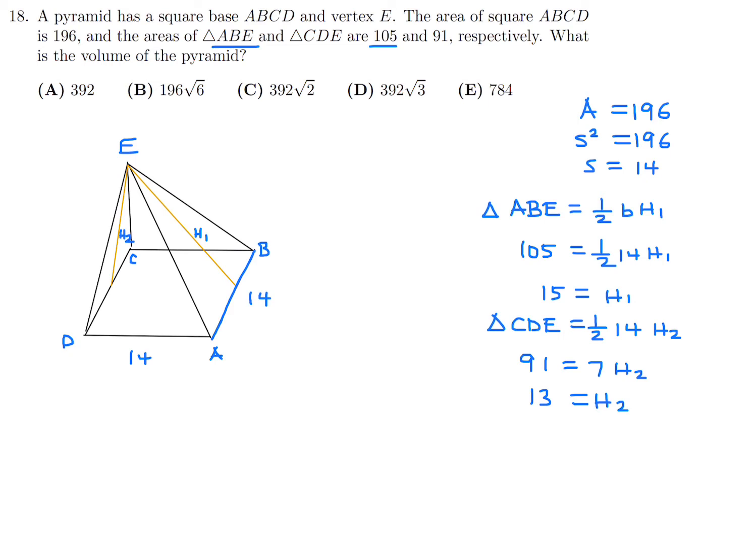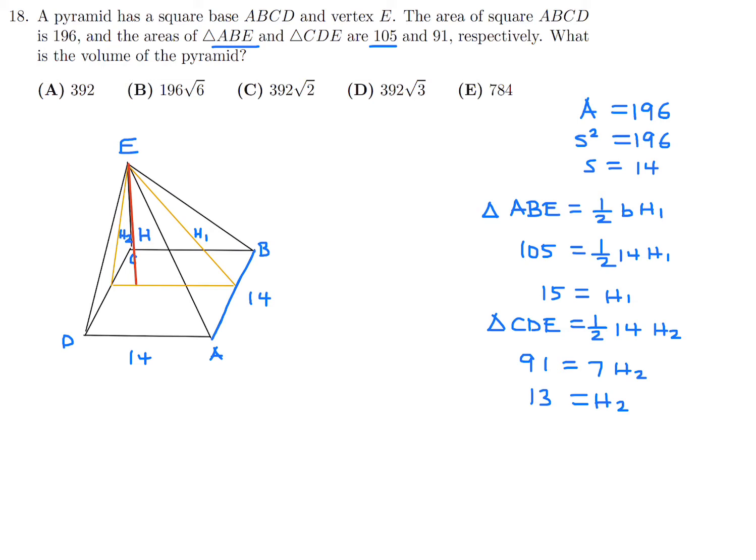Now we have to figure out the height of the pyramid. And the pyramid's height is going to help us calculate the volume of the pyramid. This top to bottom big red line is the height of the pyramid. I'll call it just big H. And then you notice I drew a line connecting this H2 to H1. And that's very important because that helps us establish two Pythagorean relationships.